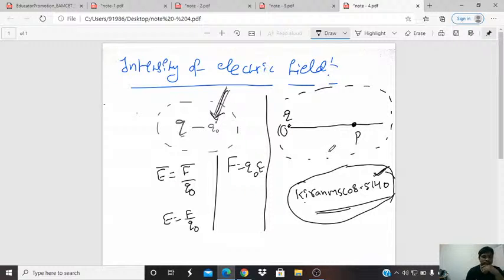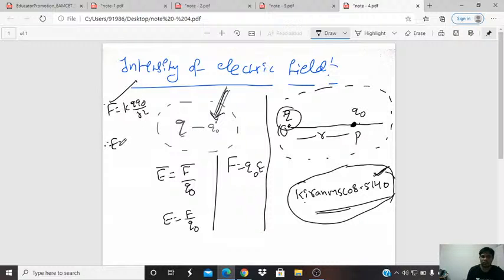Right. So about this, we have to find what? Electric field at the point P, at a distance r from the charge q. How can we find it? See, let us consider a point charge q naught at this P. Now force will be acting between the two charges. That force F equals k q q naught by r square. Now at this point P, the electric field due to this charge: on this q naught, this force will act.